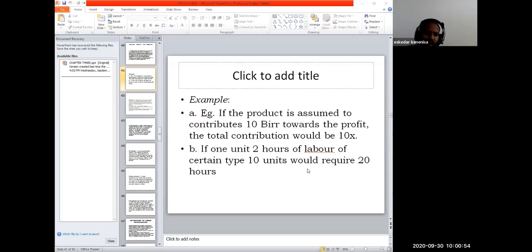If 1 unit requires 2 hours of labor of a certain type, 10 units would require what? ስንት ይጠይቃል ማለት ነው? 20 hours ይጠይቃል ማለት ነው። 20 አይደል? እንደዚያ ነው የሚሆነው ሲሰሩት። ይህ proportionality ማለት ይህ ነው። If the product is assumed to contribute 10 birr toward the profit, the total contribution would be 10x.